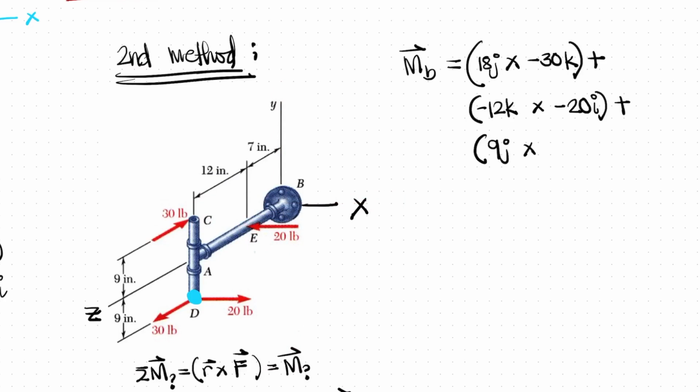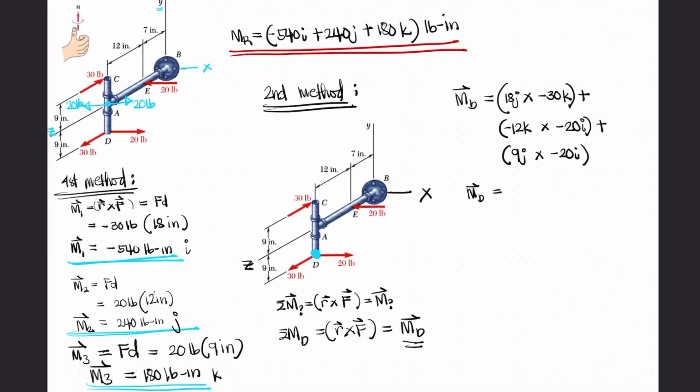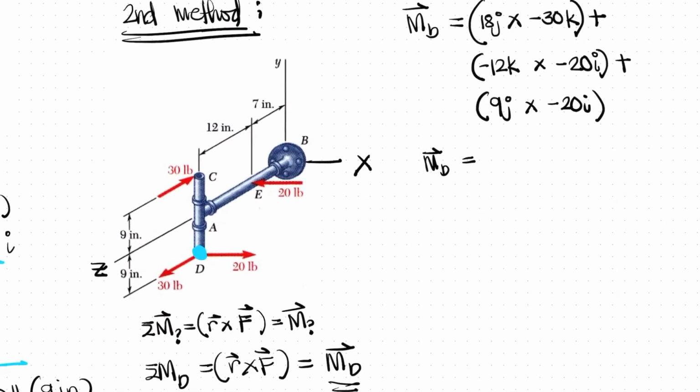So the moment about D, M sub D, is equal to 18 times 30 i. Okay, i j k. So remember your i j k.